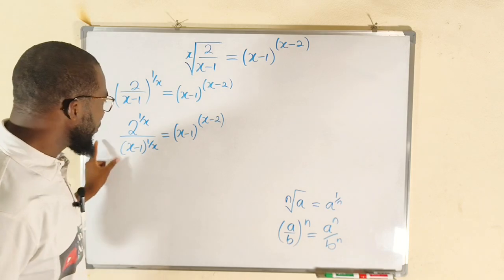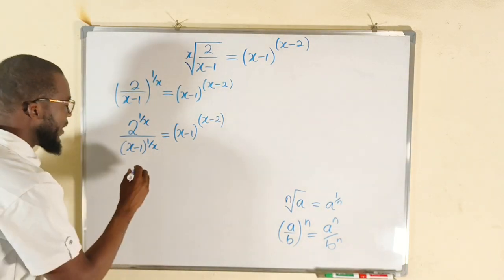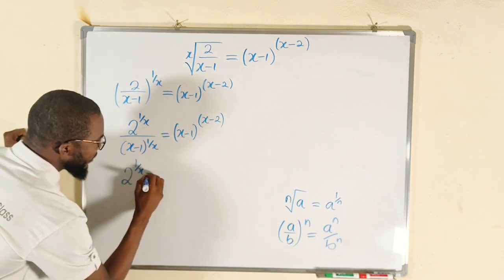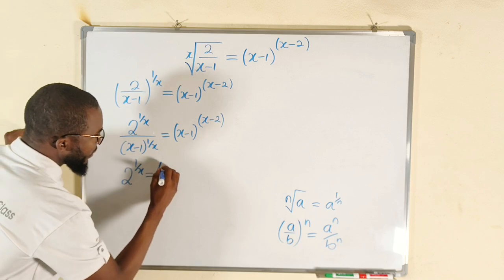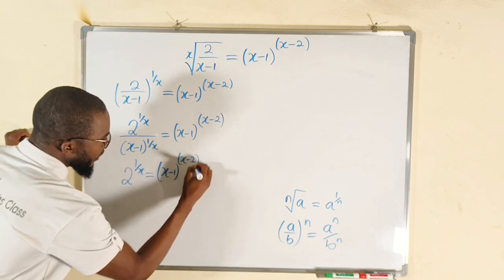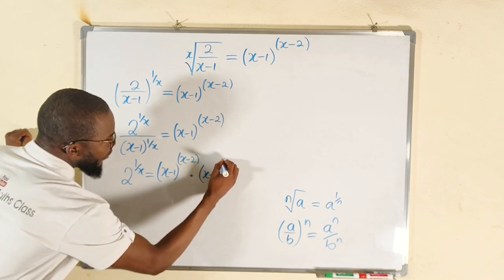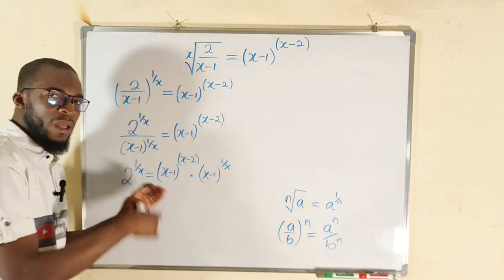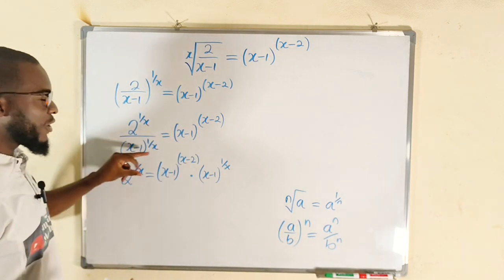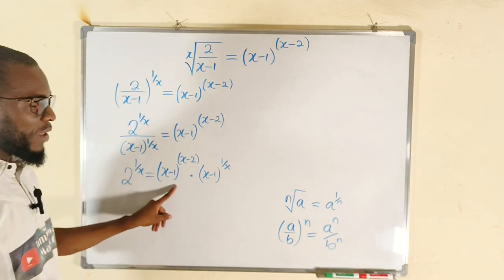Again, I would like to multiply both sides by this denominator just to clear the fraction, leaving only 2 raised to the power of 1 over x on the left. And this equals x minus 1 to the power of x minus 2 multiplied by x minus 1 to the power of 1 over x. So we have just multiplied both sides of the equation by this denominator. Observe, we have common bases.